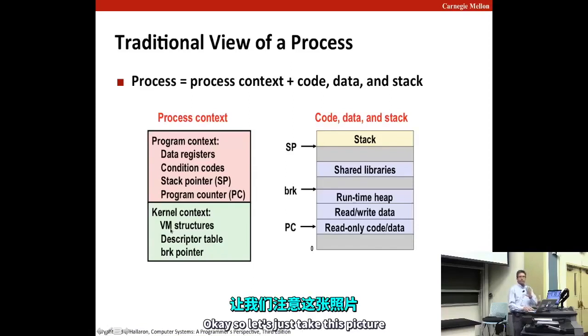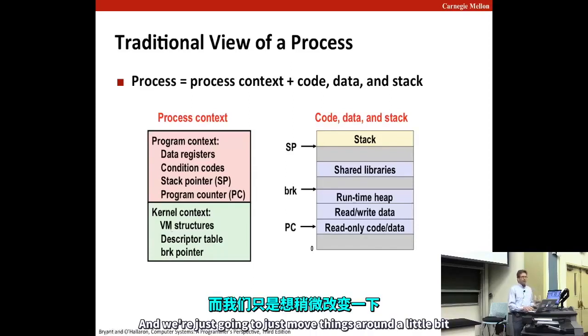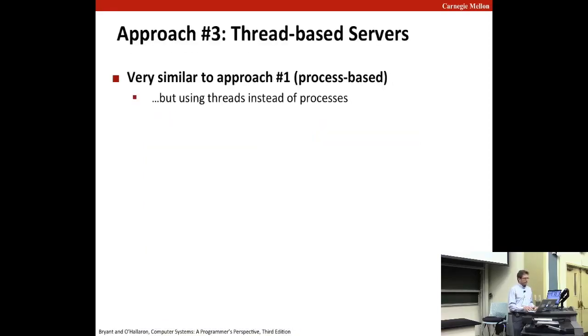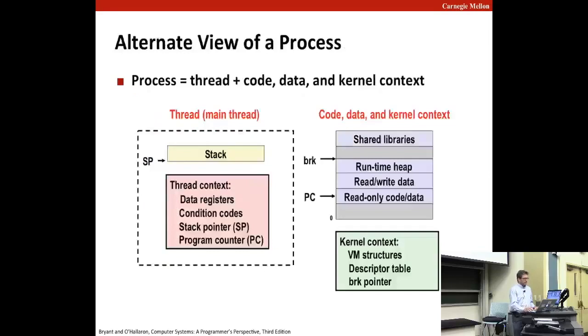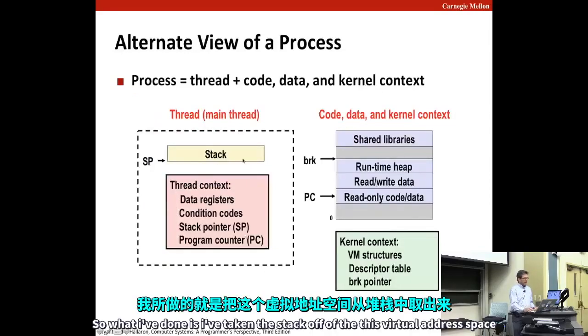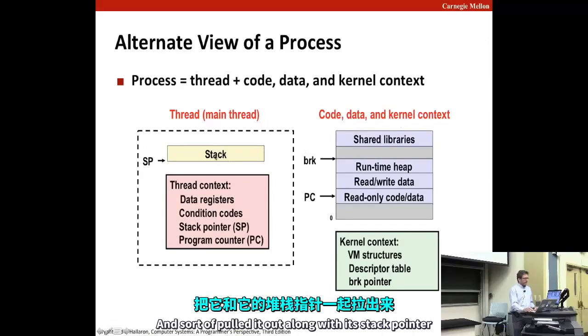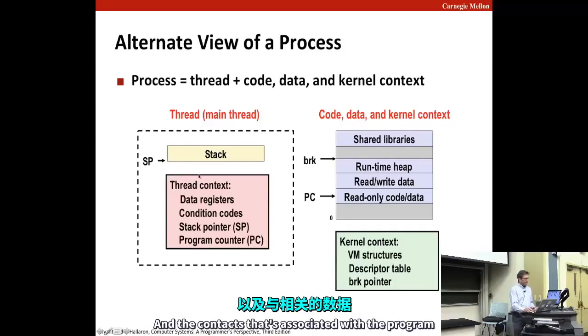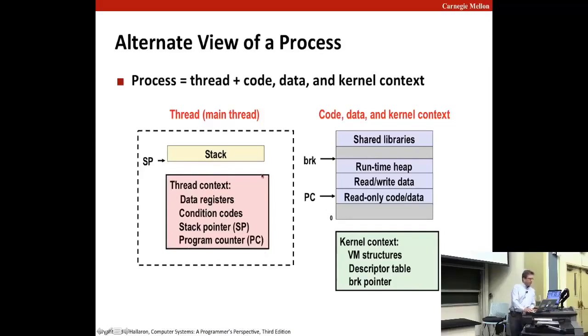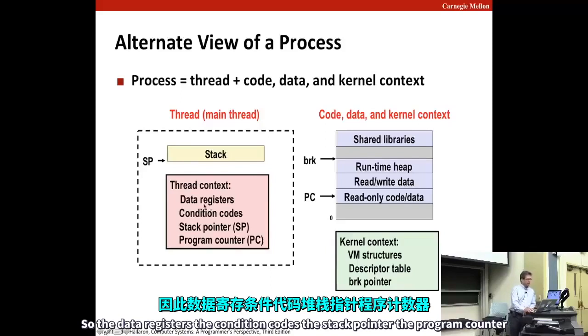Okay, so let's take this picture and move things around a little bit. What I've done is taken the stack off of this virtual address space and pulled it out along with its stack pointer and the context that's associated with the program. So the data registers, the condition codes, the stack pointer, and the program counter.